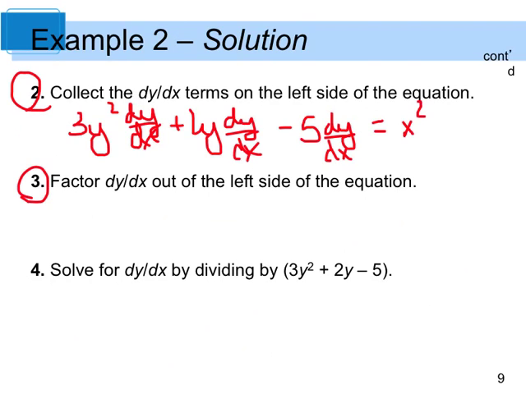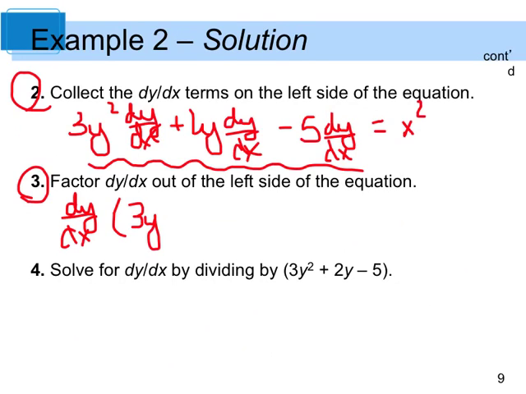Next step, I'm going to factor a dy/dx out of the left side since all of these terms have one. So dy/dx factored out leaves you with 3y squared plus 2y minus 5, and that equals x squared.